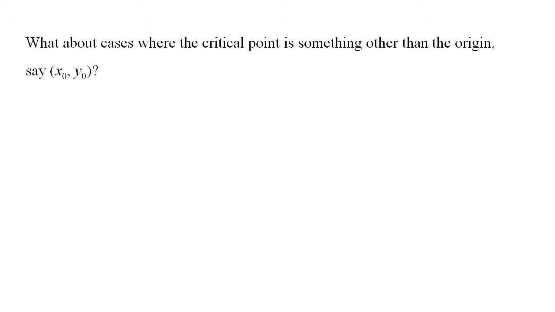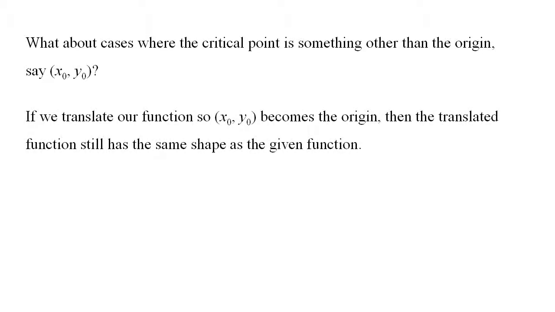What about cases where the critical point is something other than the origin, say x0, y0? If we translate our function so x0, y0 becomes the origin, then the translated function still has the same shape as the given function.